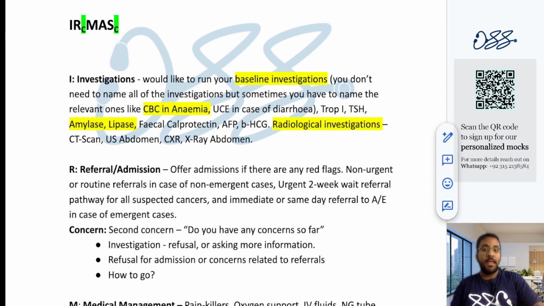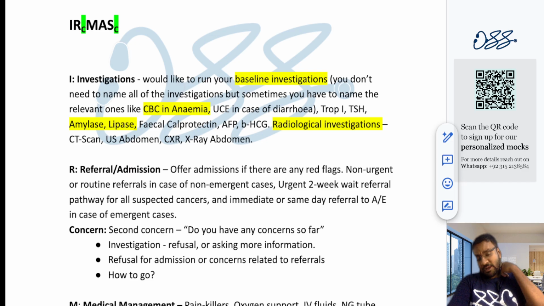All right. Another very important thing: in a few cases, if you order a particular investigation, just to further show you the severity of the condition, after you verbalize the investigation, the examiner may hand you a list of lab results or test results during the station.